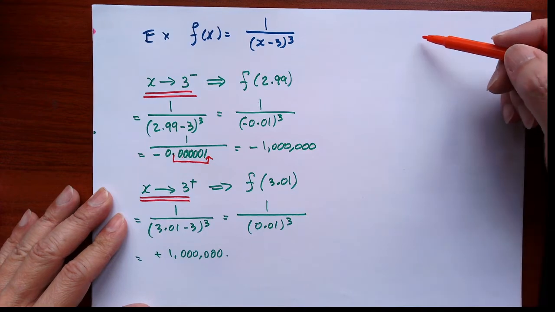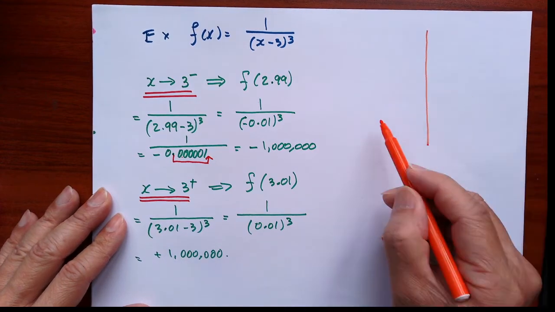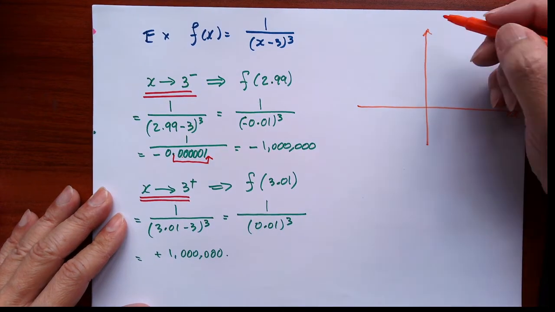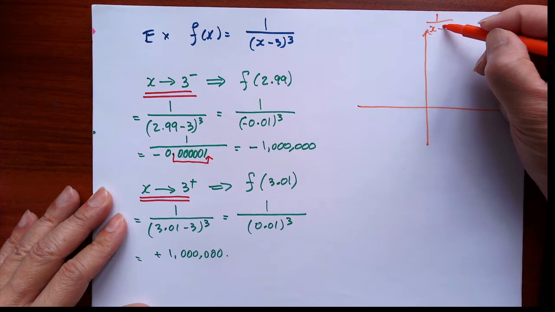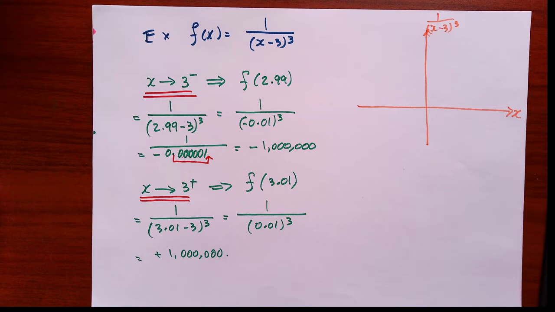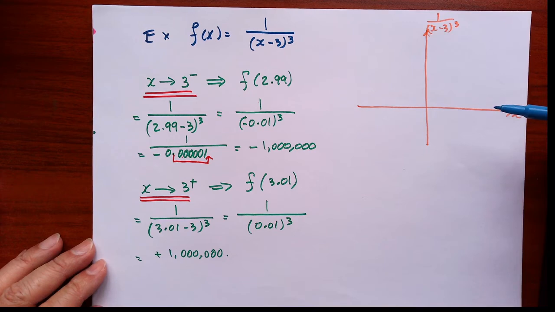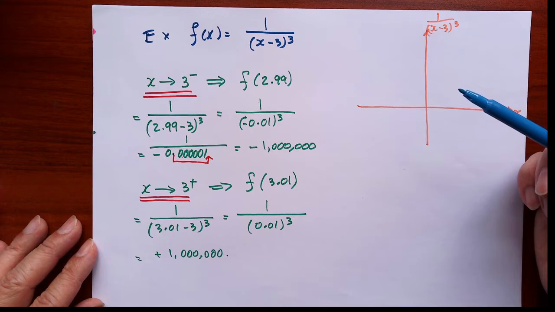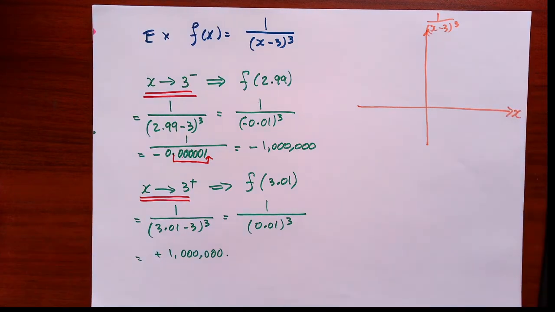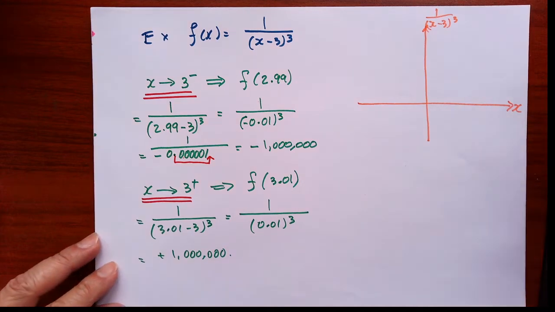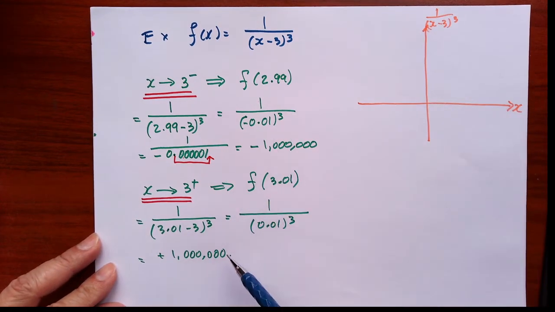Let's draw the function and see how it looks. It's x, and this is 1 over x minus 3 cubed. There will be an asymptote at 3.